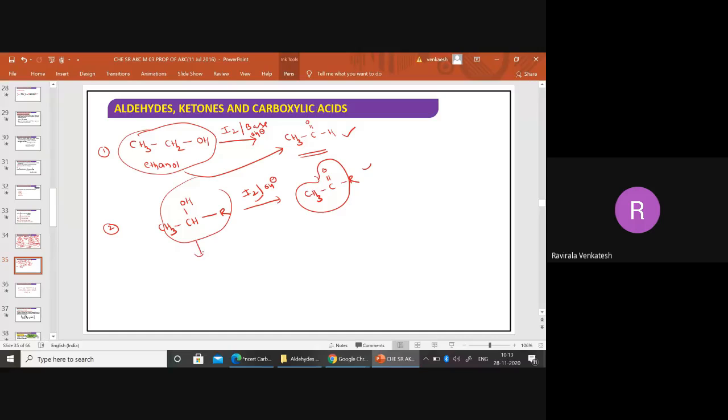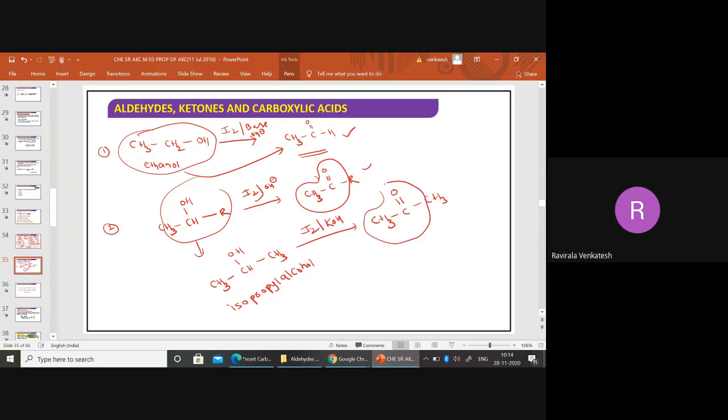I will write one example for this one. Isopropyl alcohol. I am writing here isopropyl alcohol. Now, if it reacts with the iodoform reagent, I2 in the presence of a base, KOH, this will convert into CH3C=O CH3, isn't it?